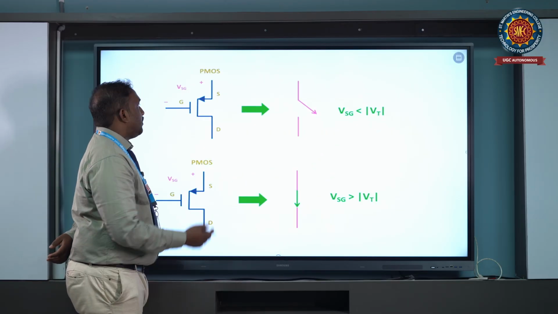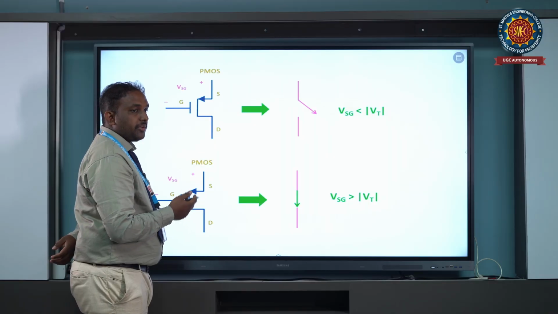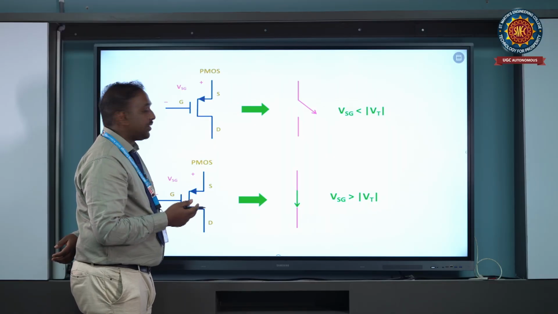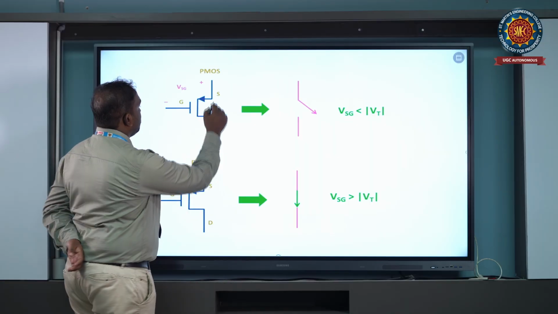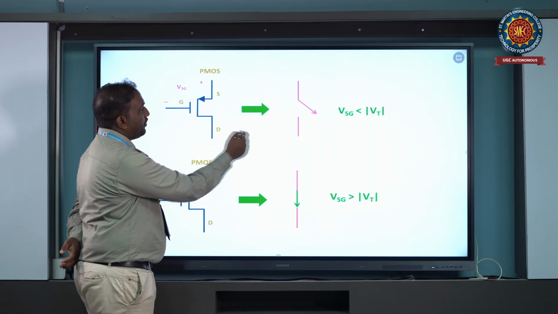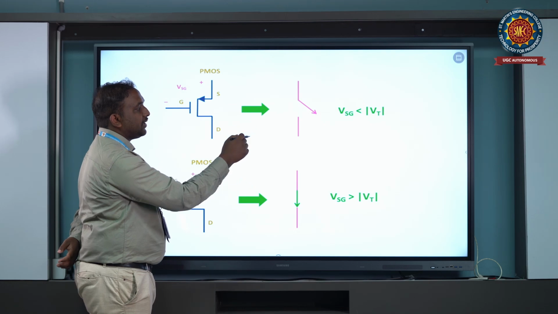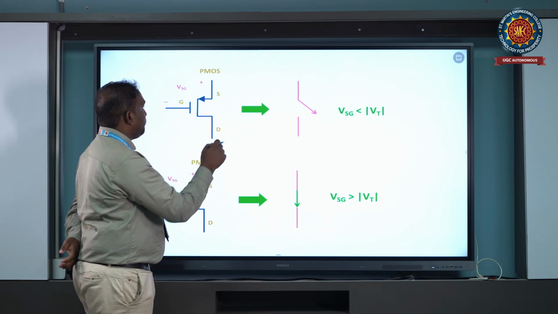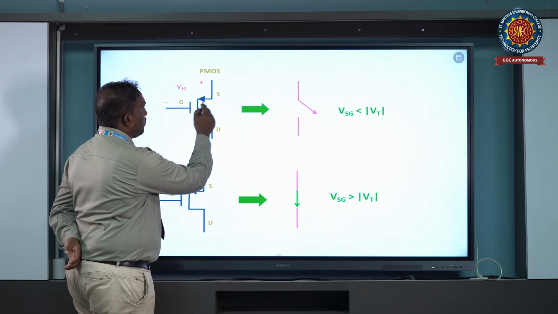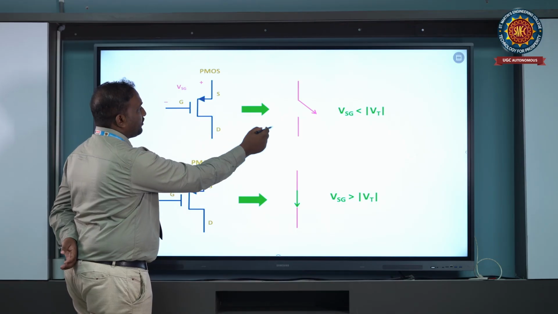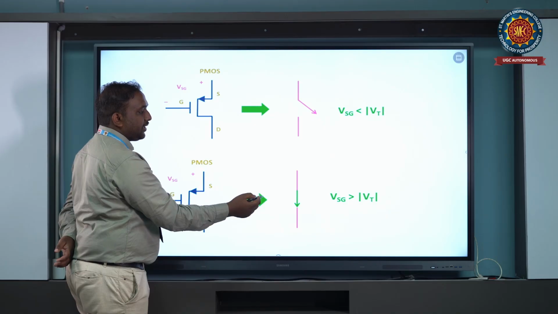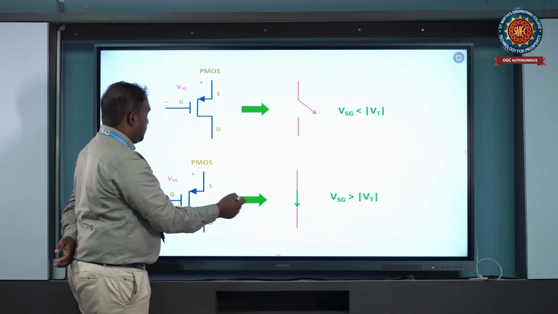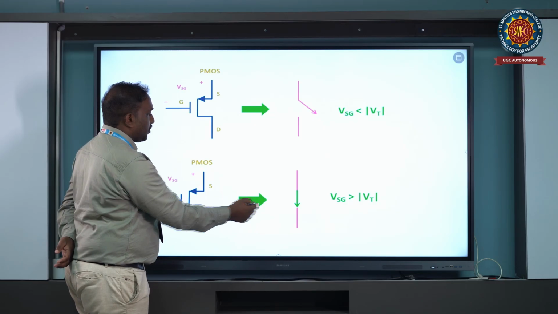Next, what are the operations of PMOS and NMOS transistors? See here. In a PMOS transistor, when VGS is less than or equal to the threshold voltage, the PMOS will be an open circuit, and when VGS is greater than or equal to the threshold voltage, the PMOS will be a closed switch.